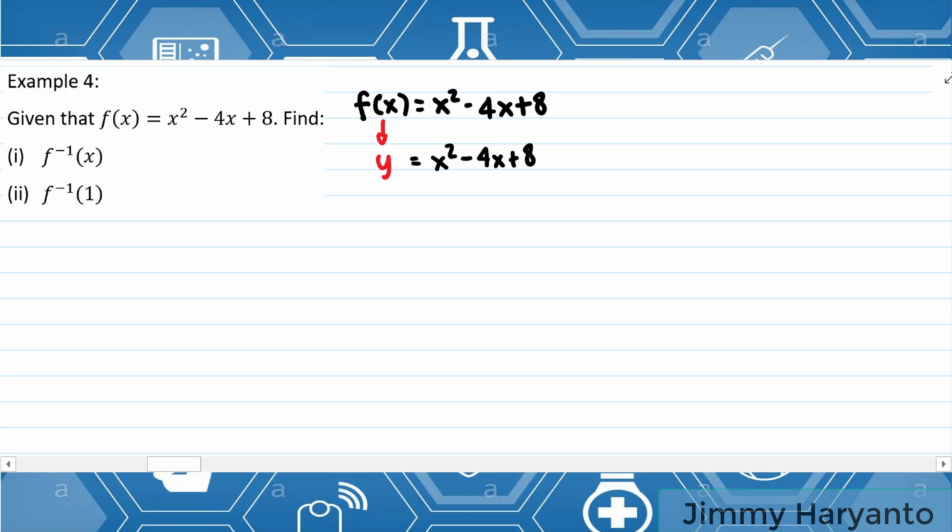Now we have to change the subject into x equals. To do that, you have to use completing the square. Okay, so the plus 8, first I move the plus 8 to the left side, it will become y minus 8. And then for this one, I will use completing the square.